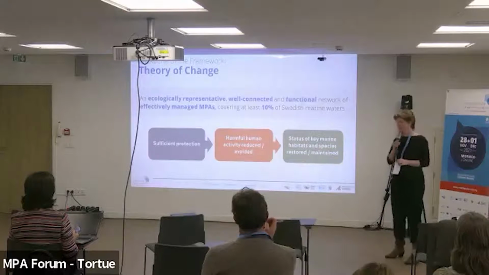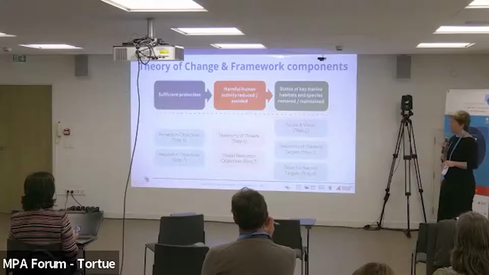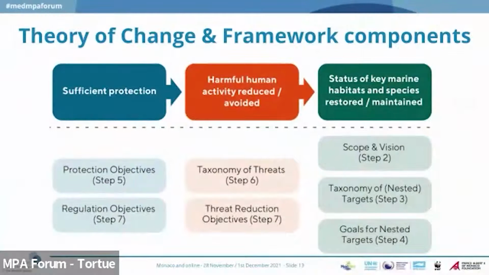Next slide, please. And what we did is we mapped the components of that framework along this theory of change. So you see that link to sufficient protection is protection objectives, meaning to say how much do you protect of what? Regulation objectives, how stringent is the regulation of particular uses in these areas? The taxonomy of threats, how do we call threats?